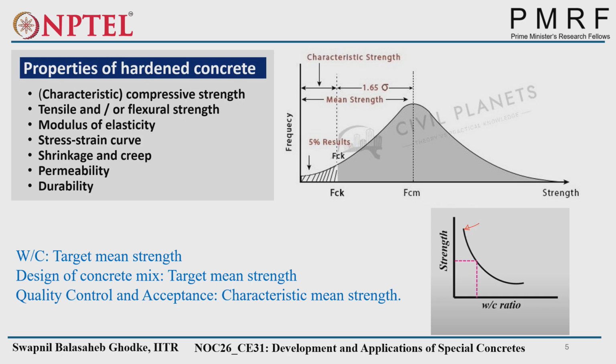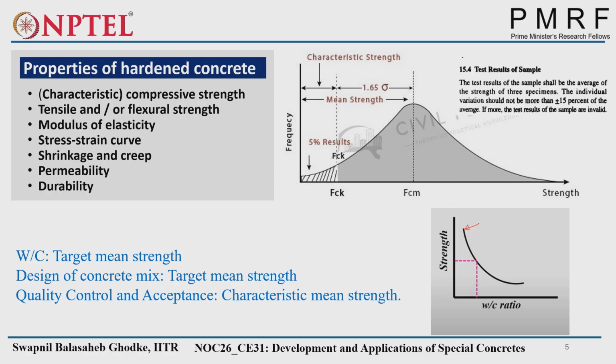We will have some checks based on the Indian Standard code. Suppose we get a 19 average; for the individual strengths, we find out that a difference of more than plus or minus 15% should not be there.